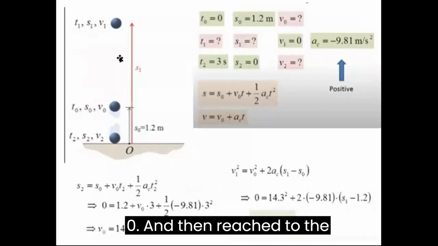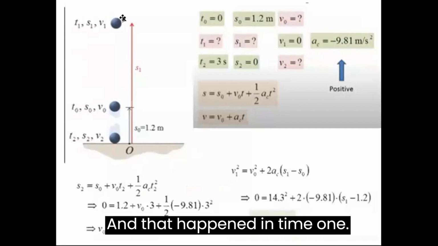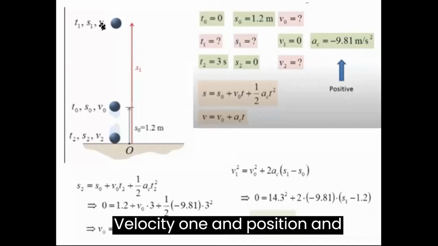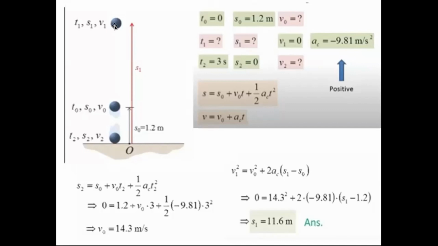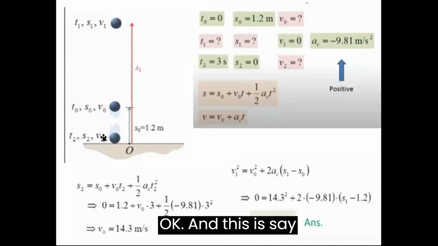When it reaches the maximum height, that happens at time 1, with velocity 1 and position 1. This is state 1. And later it returns to the ground. This is state 2.